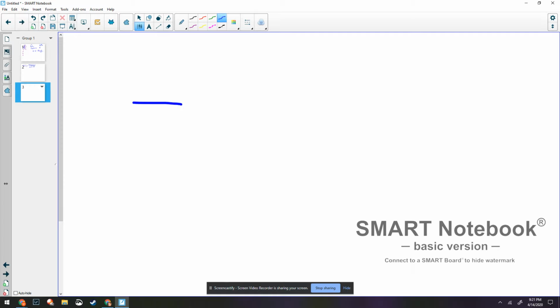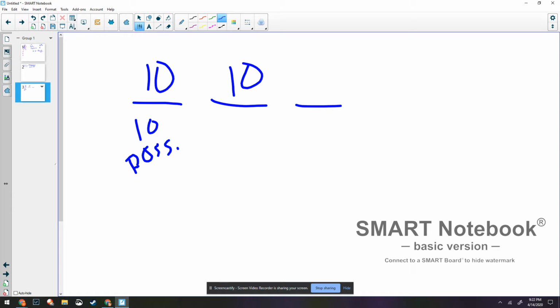So basically, when you have a 3-digit code, there are 3 numbers you have to guess. And if we just say any 3-digit code, then in this first spot, there are actually 10 possibilities. And you may be saying, well, numbers only go up to 9. But if you count 0, so you could have 0, 1, 2, 3, 4, 5, 6, 7, 8, 9. And if you're counting on your fingers, you'll see that there are 10 possibilities there. Okay? And then in the second one, there are also 10 possibilities.